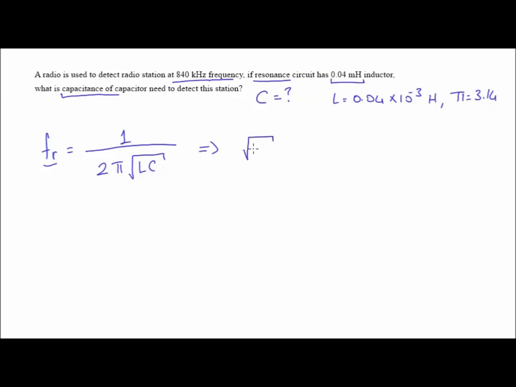We can use the cross multiplication. LC equal 1 over 2 pi FR. Take the square of both sides.